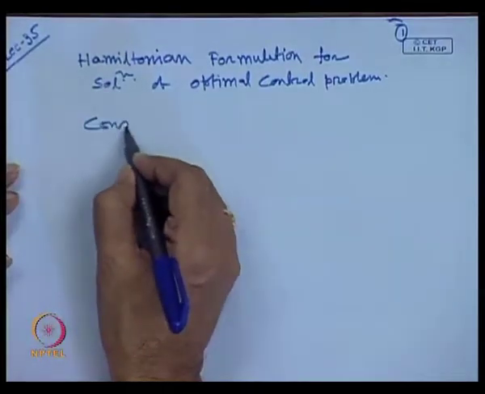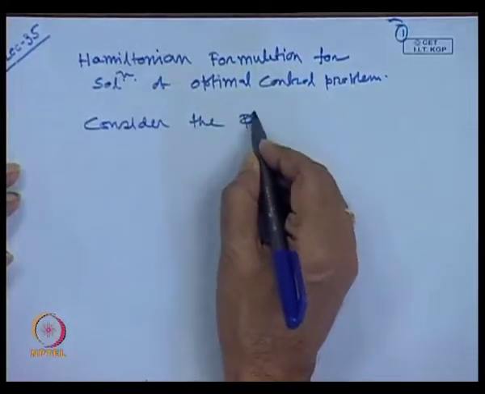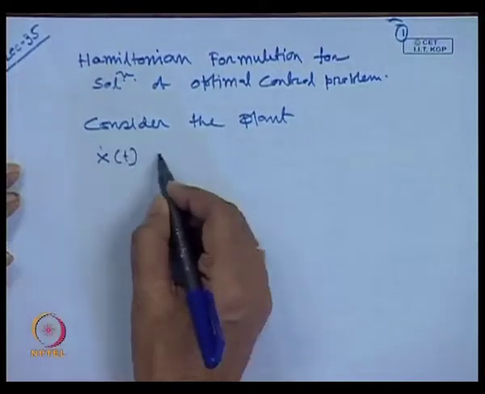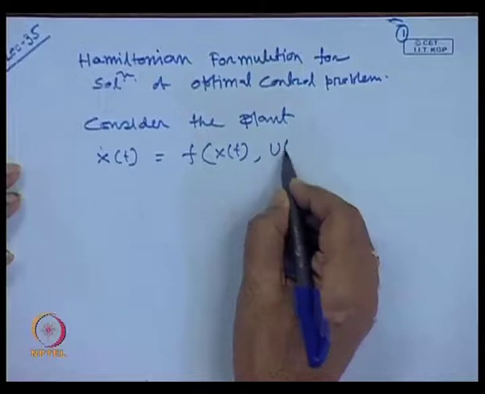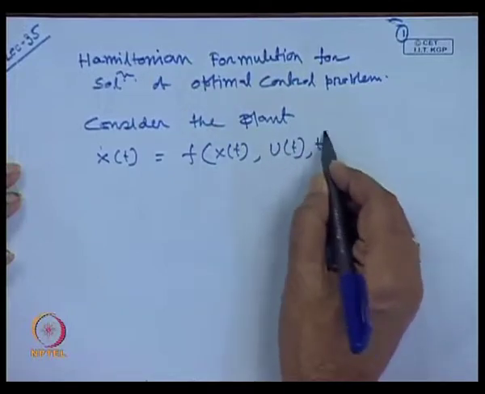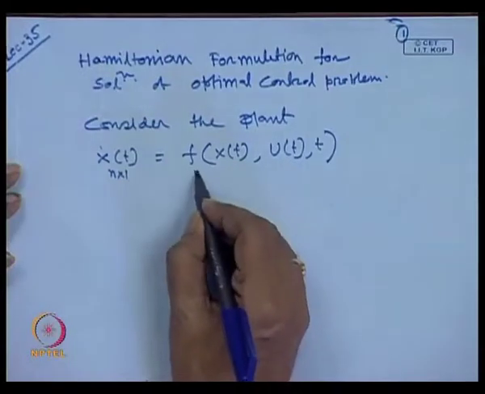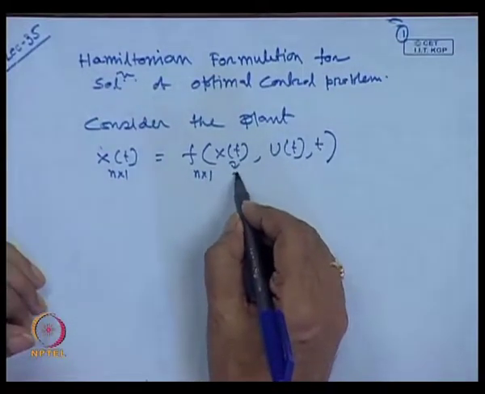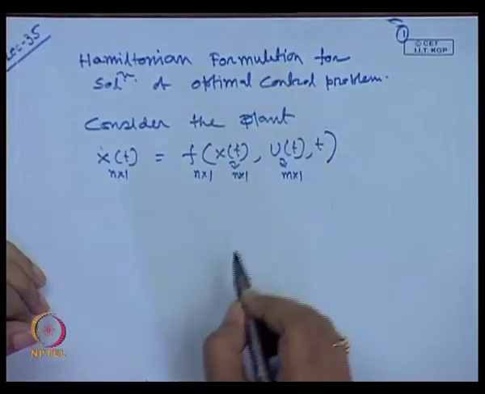Consider the plant or system x dot is equal to f of x of t, u of t and t, and this dimension is n cross 1, and the number of states is n cross 1 and the number of inputs to the plant is m cross 1.